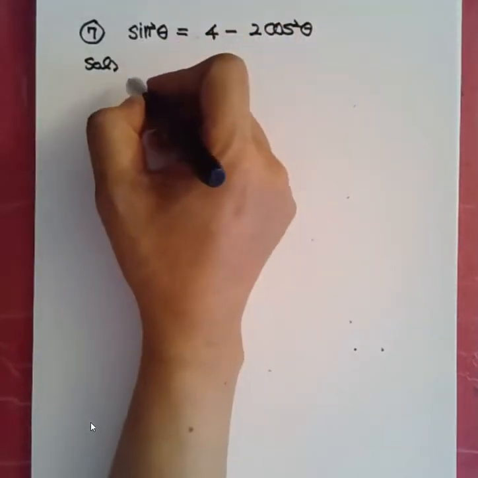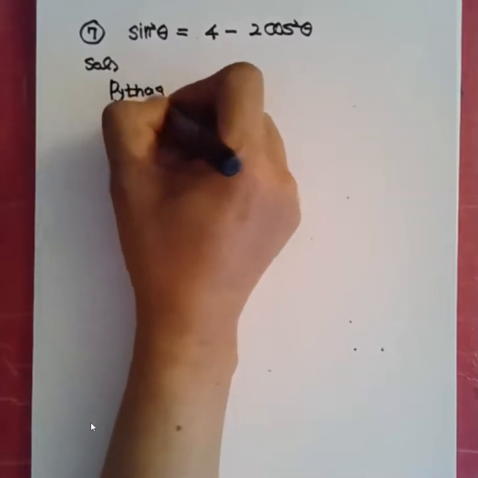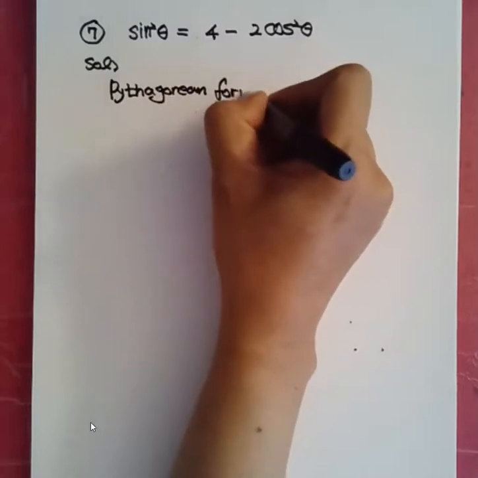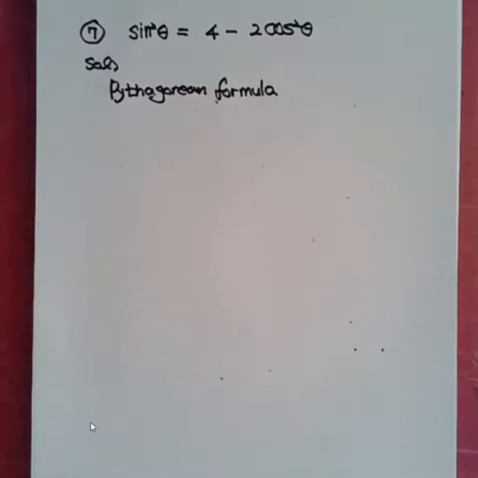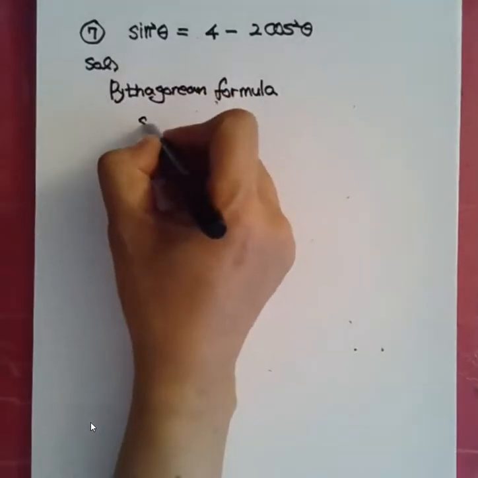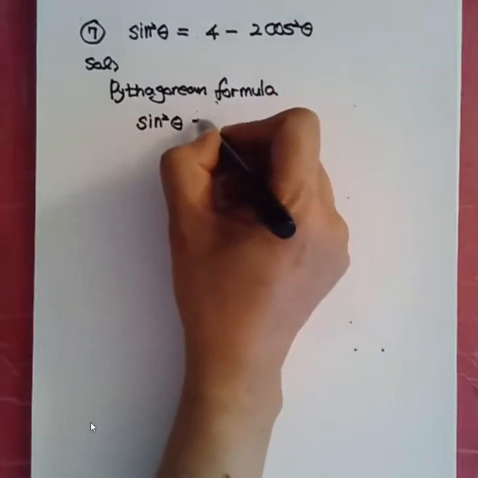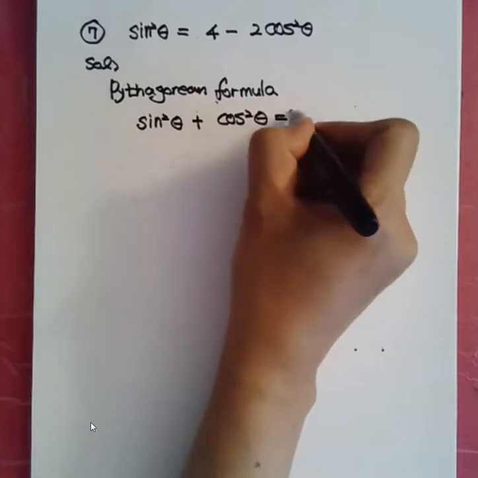However, if we use Pythagorean formula, then you can convert the equation to either the equation of sine function or the equation of cosine function. Pythagorean formula was sine squared of theta plus cosine squared of theta equals 1.